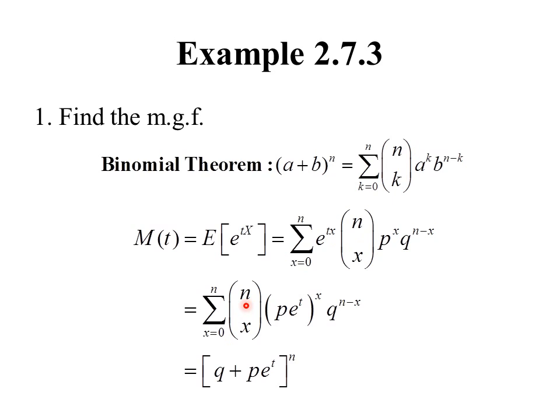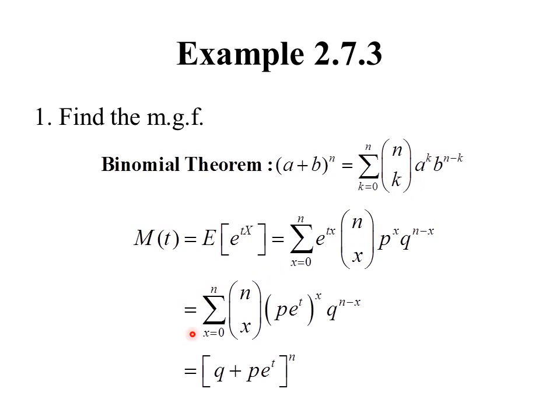In the combination we have n, x, and k, so those match up. Now here we have pe to the t to the x and a to the k. So here the pe to the t, that's the same as a, and then q to the n minus x, b to the n minus x. So q is the same as b.